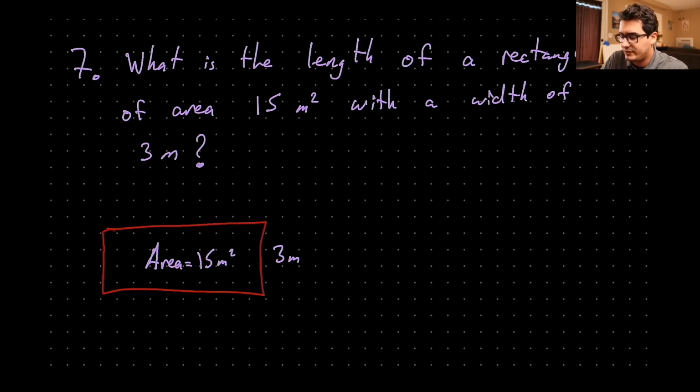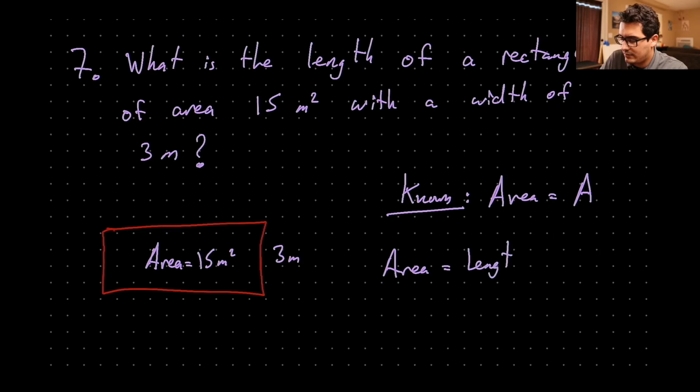And so you have to know that area is given an A. So area equals length times width. And so we usually write that A equals length times width.